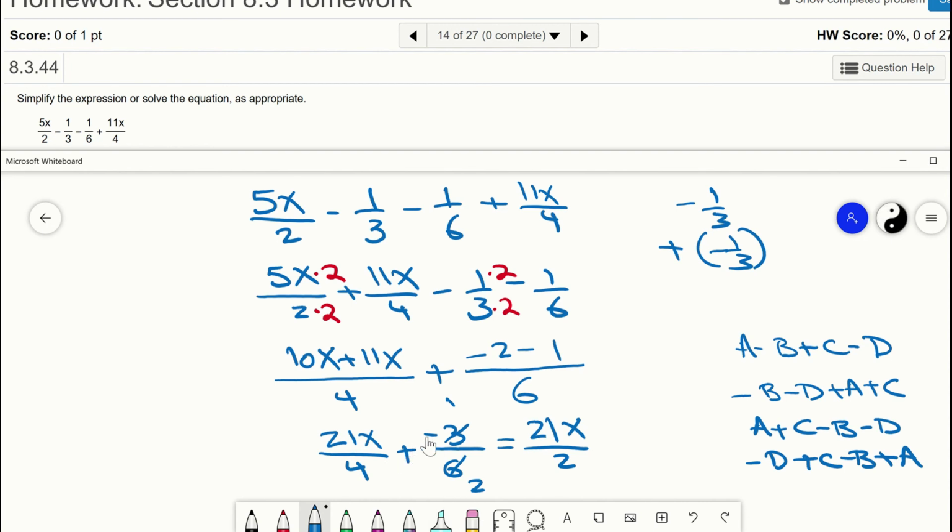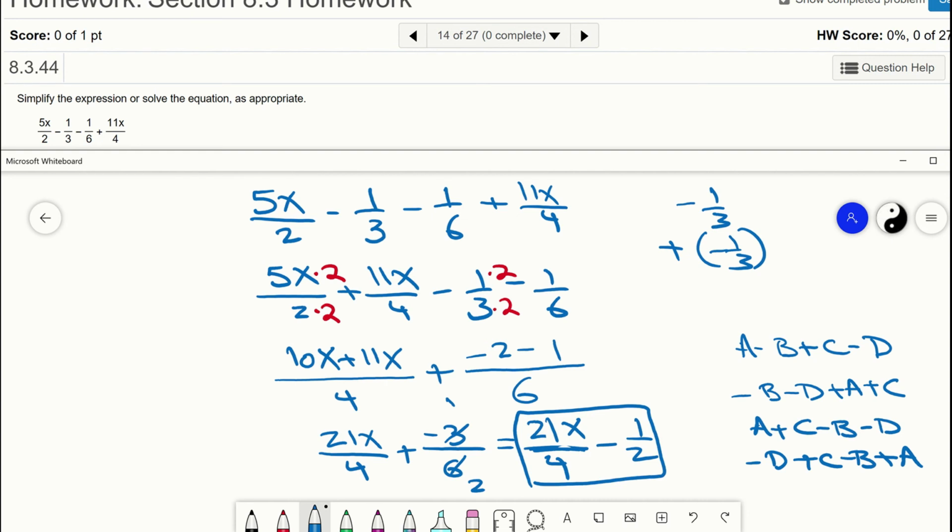And I'll multiply that positive and negative to just get a minus 1/2. Okay? Oh, my quick check just showed me I miswrote this. That's actually 21x over 4. And that's it. You go ahead and leave it like that.